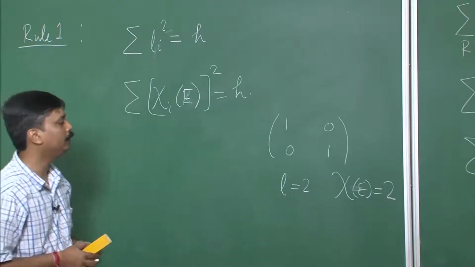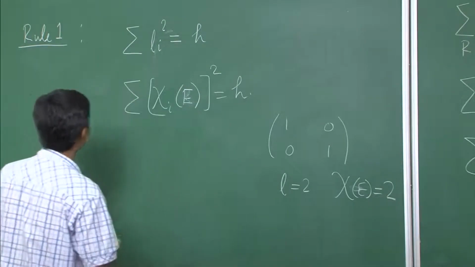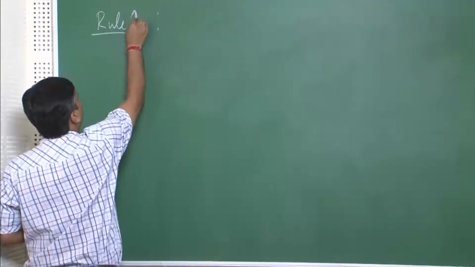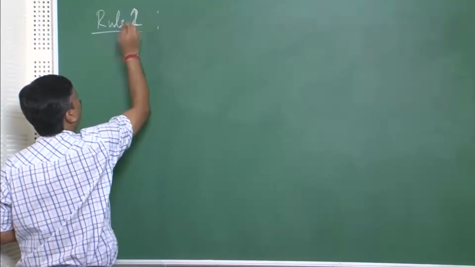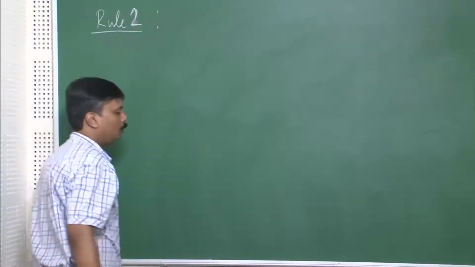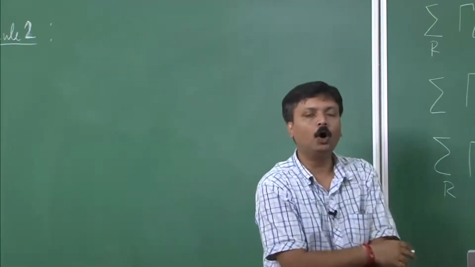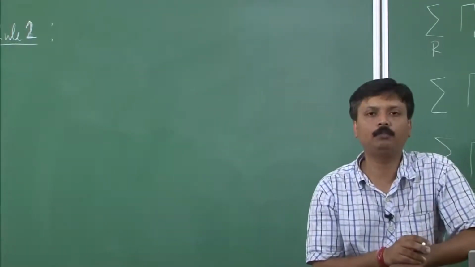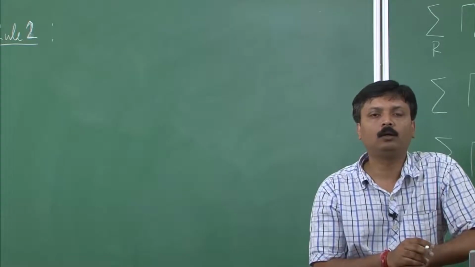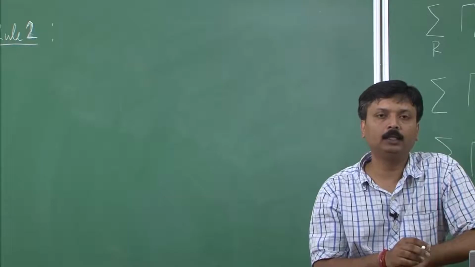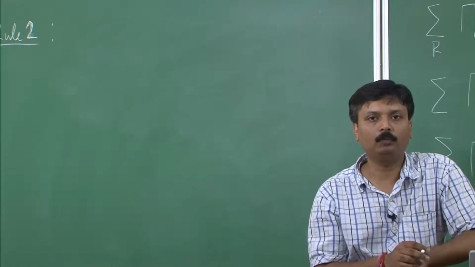Now we can have another 4 different rules. So let's look at rule 2. Rule 2 says that the summation of the square of the characters for any given irreducible representation is equal to h, the order of the group.